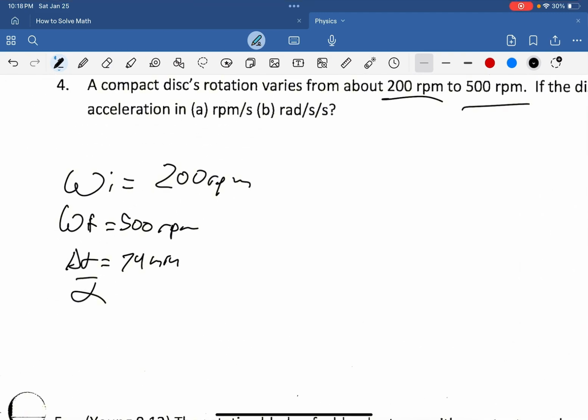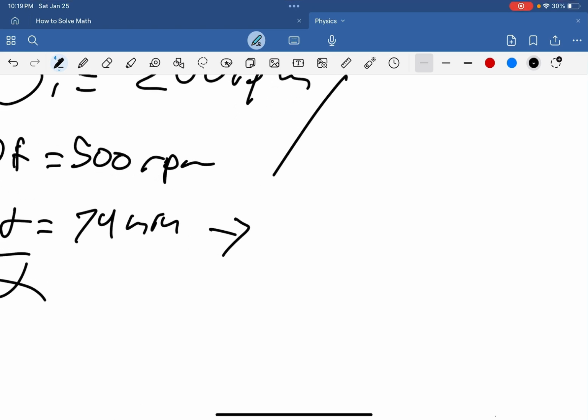All right. So first, they want us to find it in revolutions per minute per second. So we're going to keep this the same, but we're just going to convert this to seconds. So 74 minutes times 1 minute divided by 60 seconds is equal to... Wait, sorry.